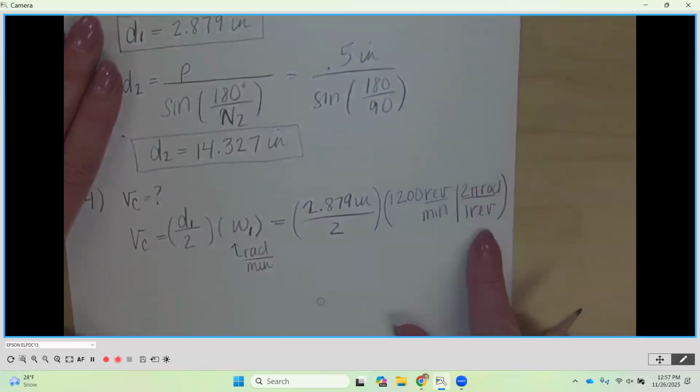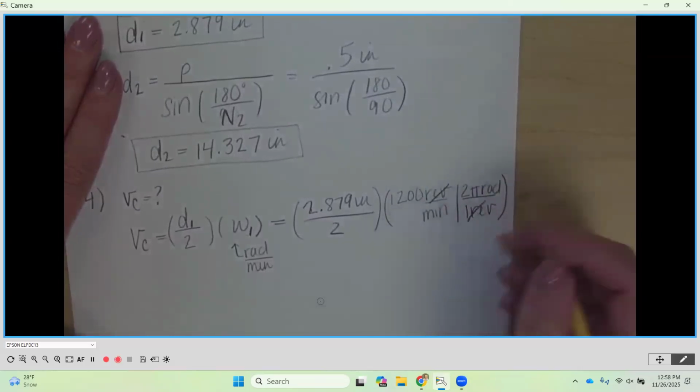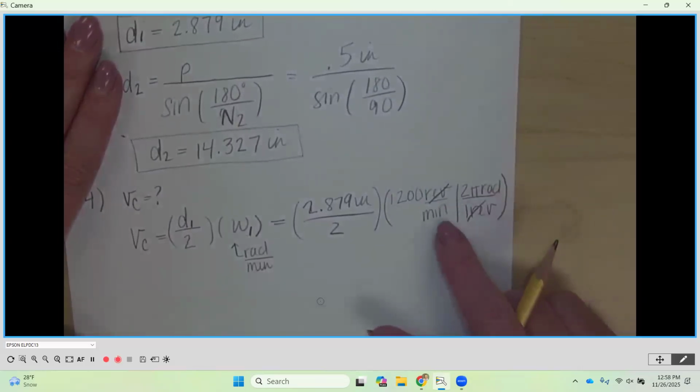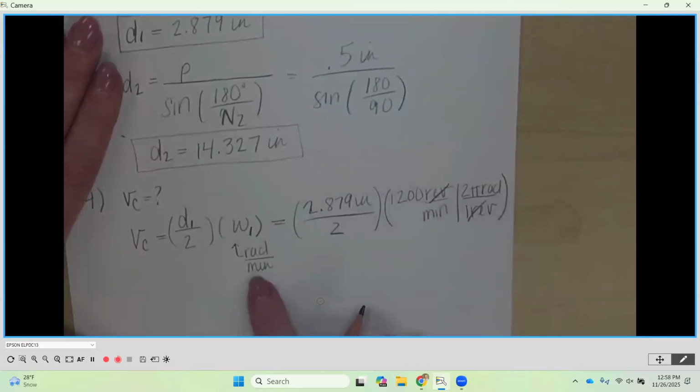That cancels out the revolutions and gives radians per minute. So you don't have to do the 1 over 60 because we're going to keep it in radians per minute, since we're eventually going to put it into feet per minute.